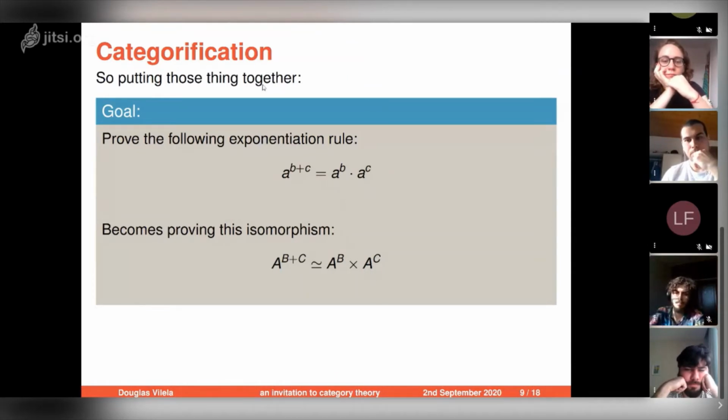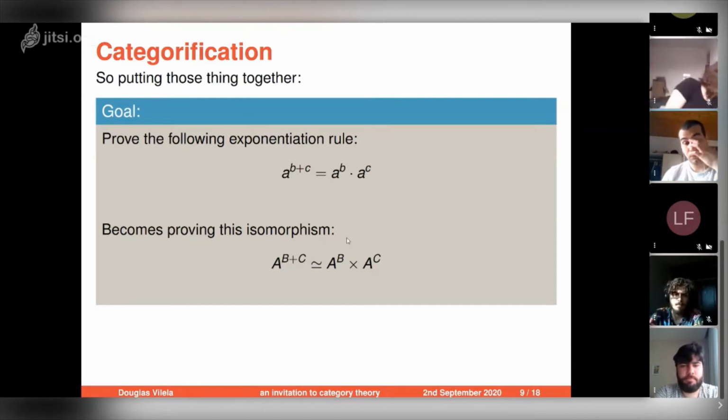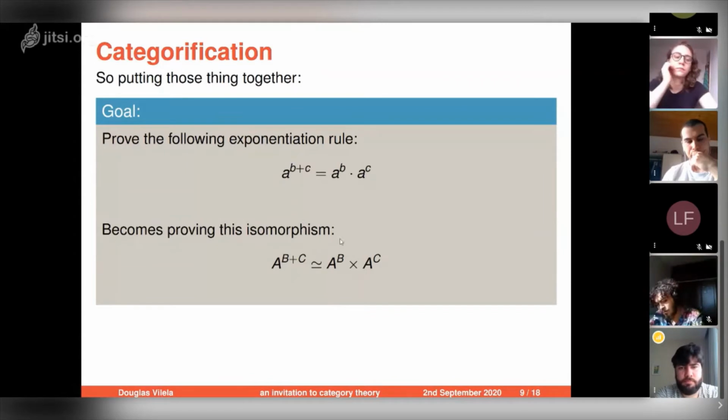So the idea of this categorification, actually a better term would be translation, is that we translate this equation to this one. So instead of thinking about equations, we can think about morphisms that go from this set to this one and back, because they are bijections.